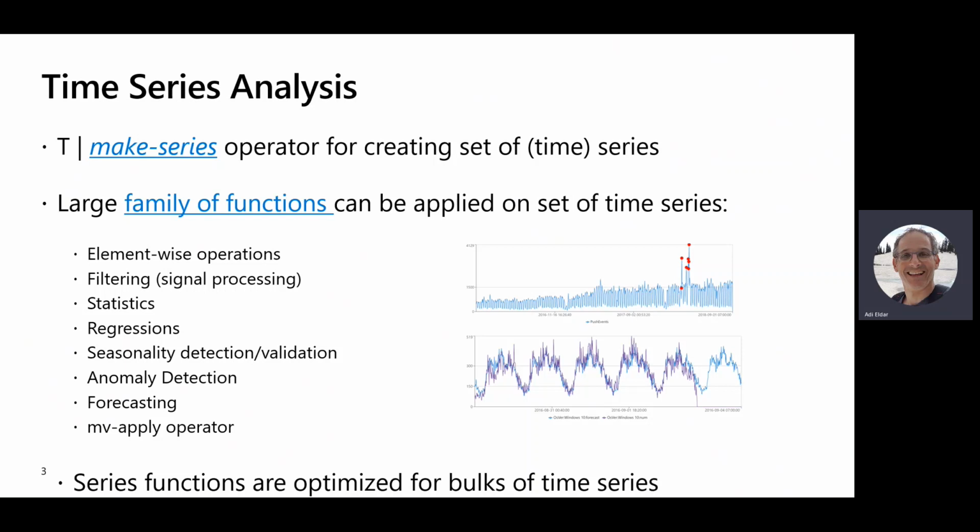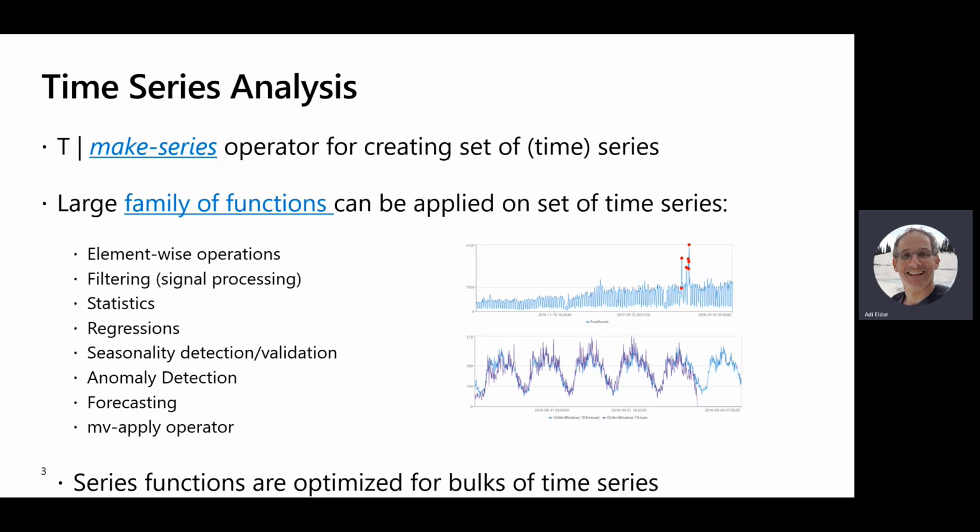Once you create a set of time series, the user can apply a large family of functions on them, from simple functions like element-wise operations, adding, subtracting time series, through filtering, for example, moving average, differentiation, exponential smoothing, and so forth, simple statistics, and then linear and non-linear regressions in order to find change points, analysis in the spectral domain to detect seasonality, and up to the top-level functions for anomaly detection and forecasting.